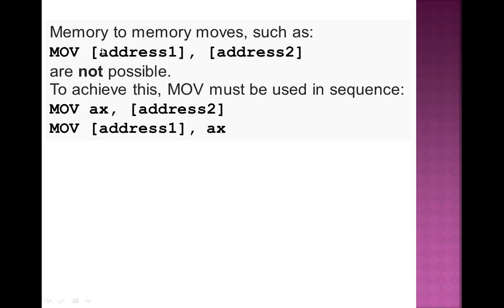Move memory to memory is not possible, because as I told you, moving from memory to memory is accomplished by using a register. So first of all, transfer this memory data to AX, that is your register. Then transfer the AX data to the next memory.